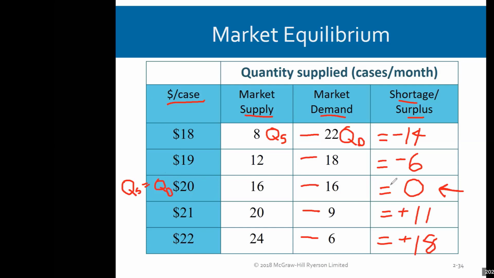Right there, they're the same. That's our equilibrium. I'm just going to write EQ here because I can't write the whole word. That's our equilibrium right there where QS equals QD, price of 20, 16 is QS, QD is 16, and we get neither a surplus nor a shortage. If you go back in the slide, you'll see that's exactly its definition.